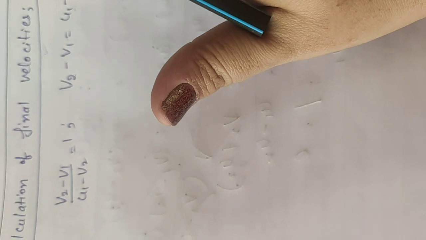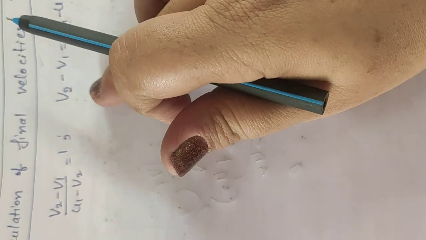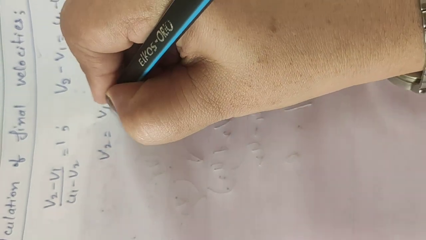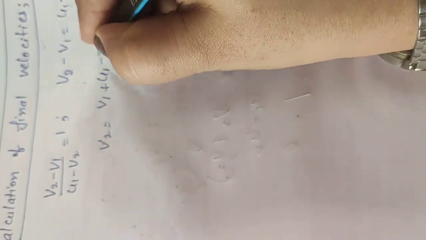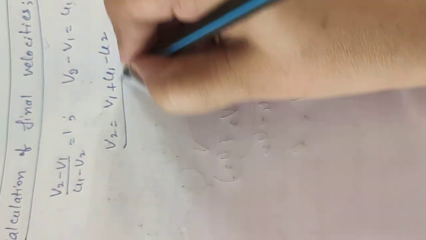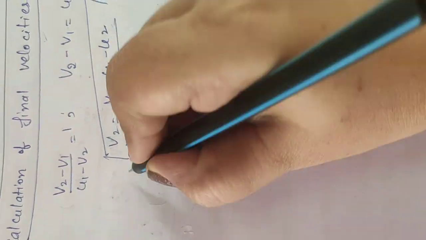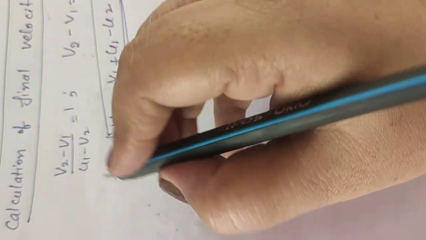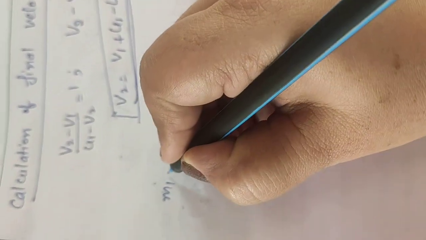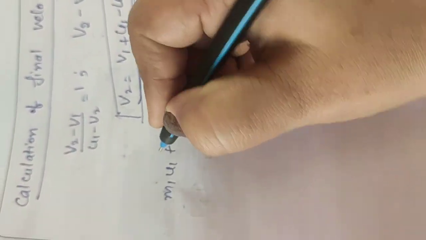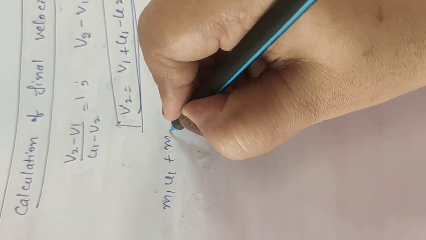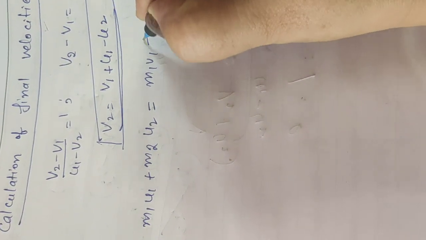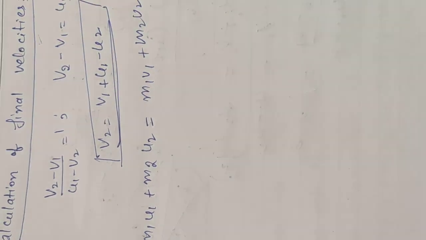Now we need to find v2 and v1. Suppose firstly we want to find v1, so we will eliminate v2. From that, v2 is equal to v1 plus u1 minus u2, right? Now we know the equation of linear momentum, that is m1 u1 plus m2 u2 is equal to m1 v1 plus m2 v2.